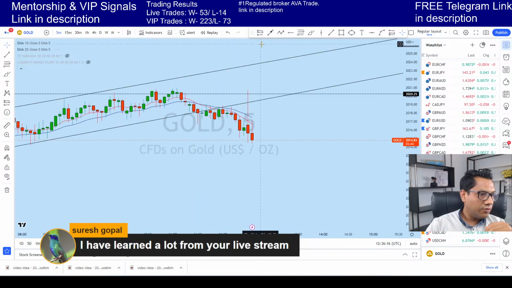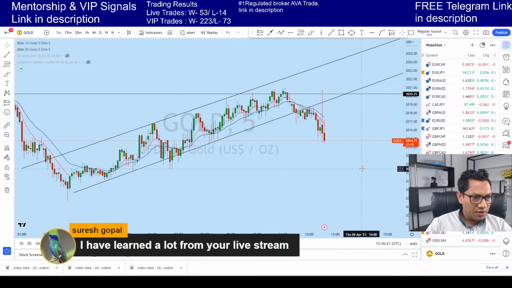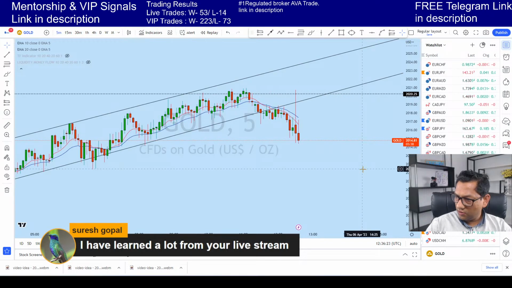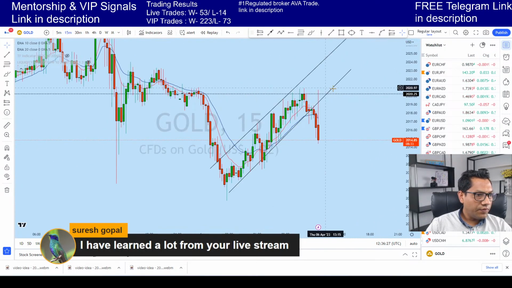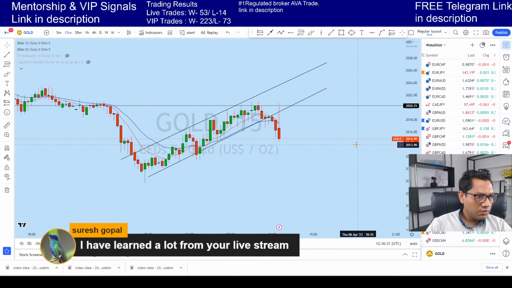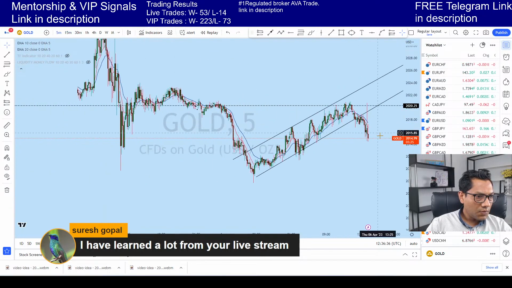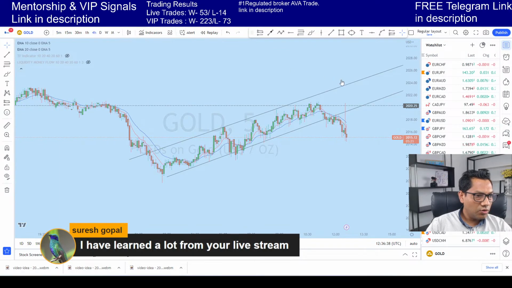We see that from the lower time frame, there is a big, significant bearish candle. Let me see what it is trying to do.